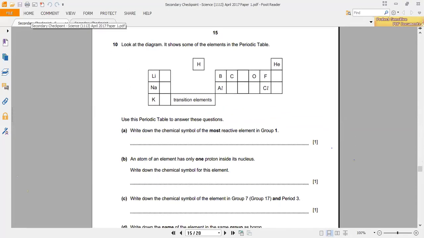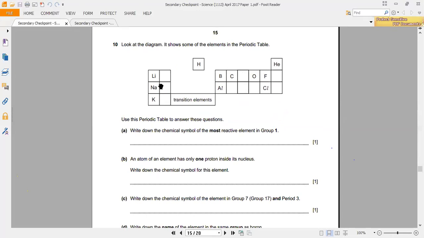Here, question number 10. Look at the diagram. It shows some of the elements in the periodic table. Use this periodic table to answer this question. A, write down the chemical symbol of the most reactive element in group A. Of course, we know that the groups are the columns, while the periods are the rows.